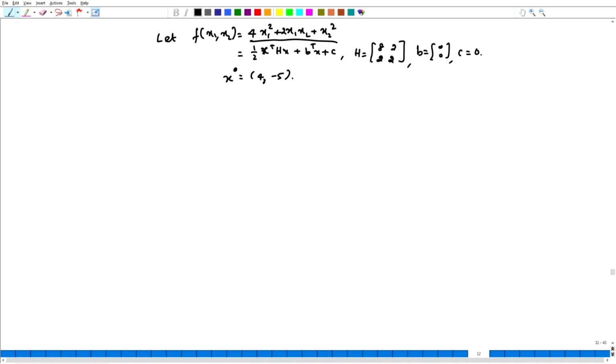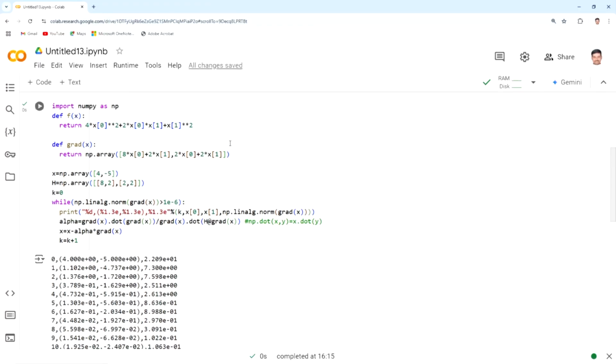So, at this point I will first teach you how to plot, and then we will plot these 30 points to see the trajectory of how we started with 4 comma minus 5 and what steps it took to reach 0 comma 0. Fine, we will start with plotting.